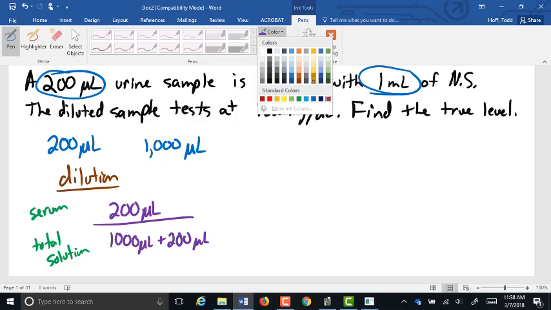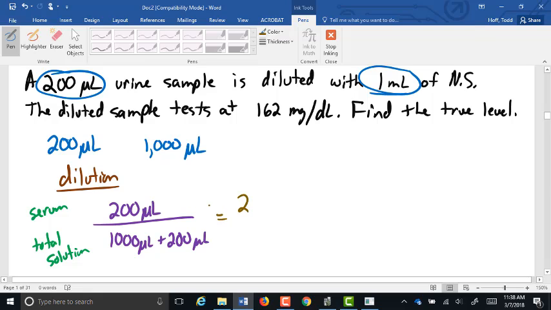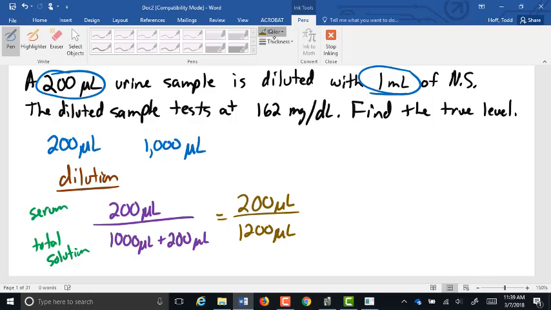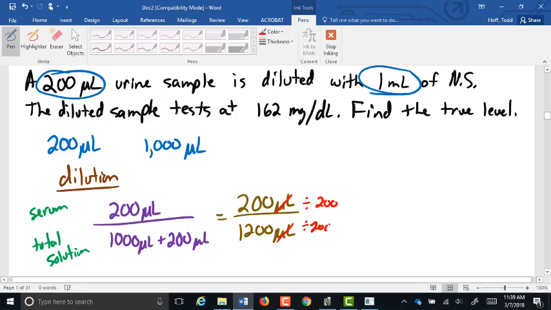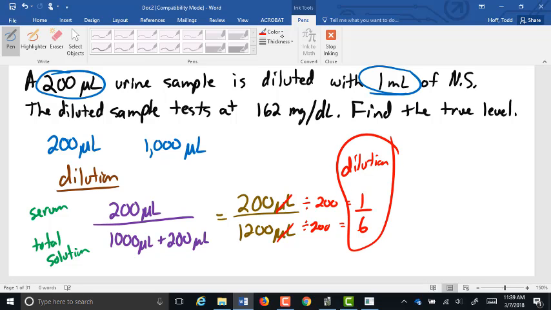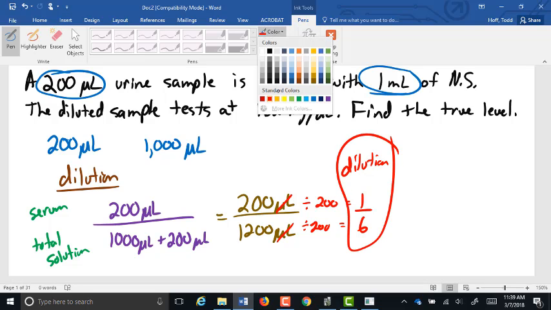So we'll add those up. Microliters are going to cancel out for us, but it's 200 over 1,200. And then both of those can divide by 200. So that reduces to a 1 in 6 dilution. So that's the dilution created here.